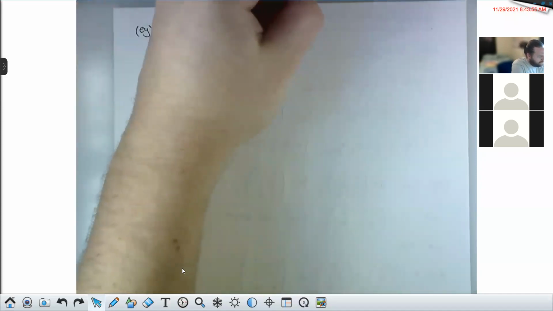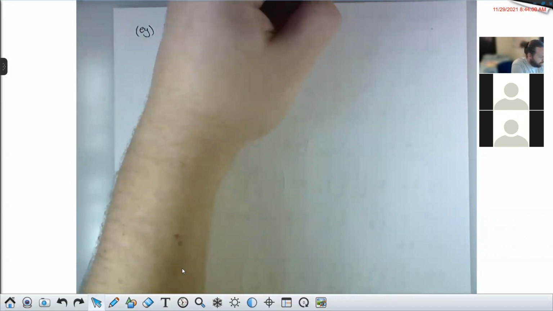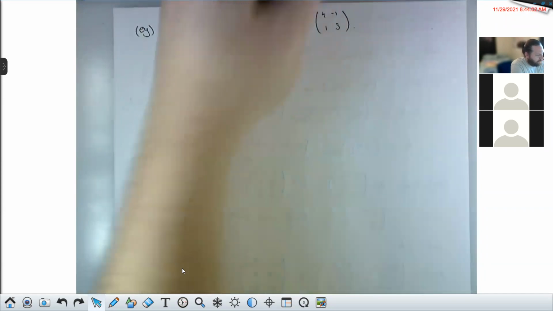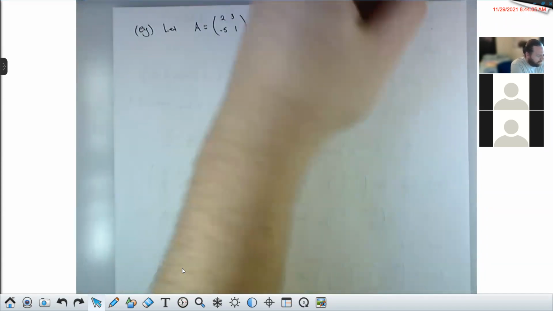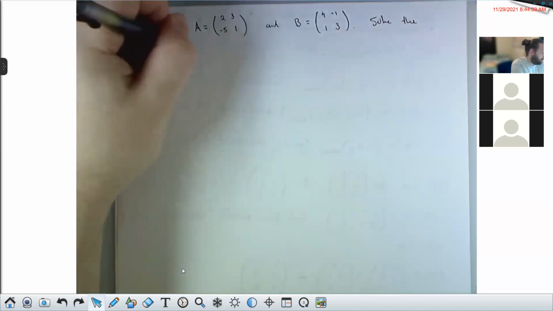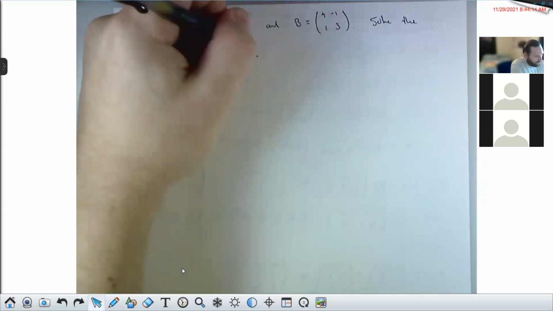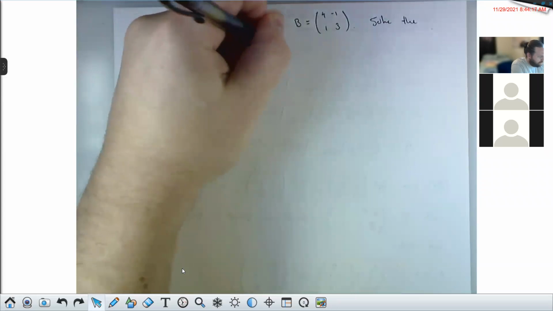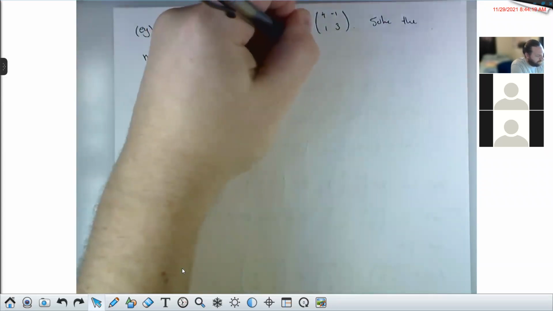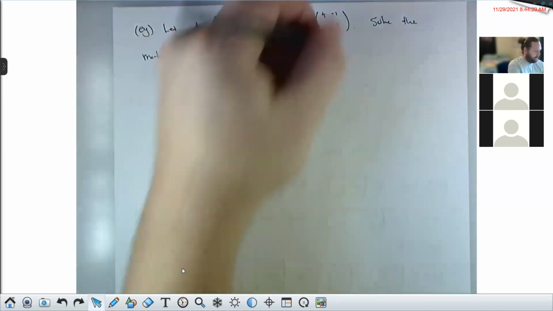And let the matrix B be 4, -1, 1, 3. And then let's solve the matrix equation 2X minus A equals B for the matrix X.